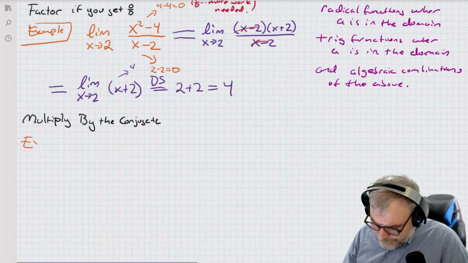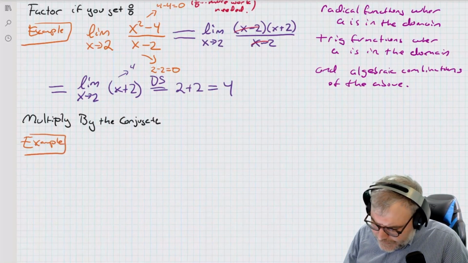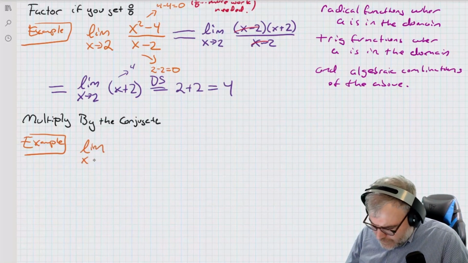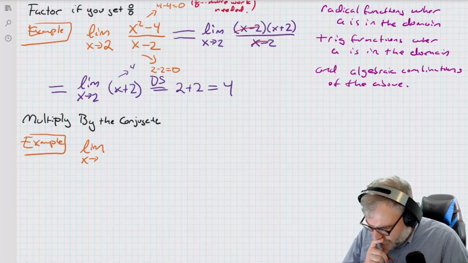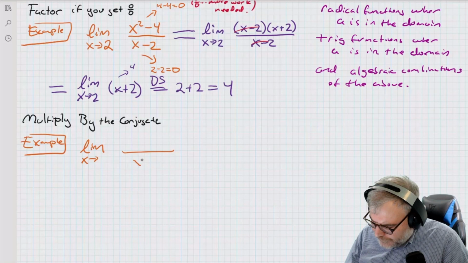So, example. Let's do the following. The limit as x goes to, let's see, I want the square root of 2 minus, let's do x minus the square root of 2, and let's do x squared minus 2 on top.